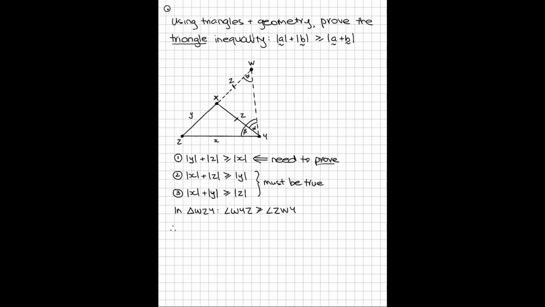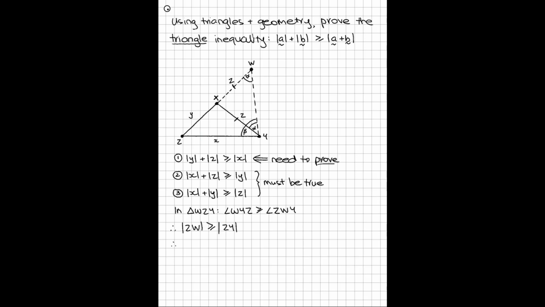But coming back to what we can conclude, we can therefore say that the side opposite angle WYZ, which is side ZW, therefore the magnitude of ZW will be greater than or equal to the magnitude of the side opposite ZWY, which is the magnitude of ZY.